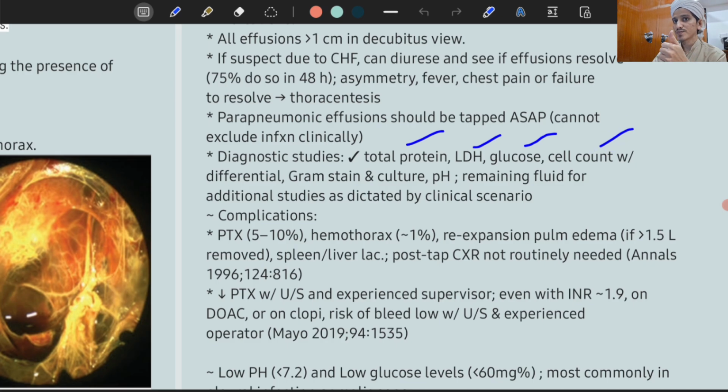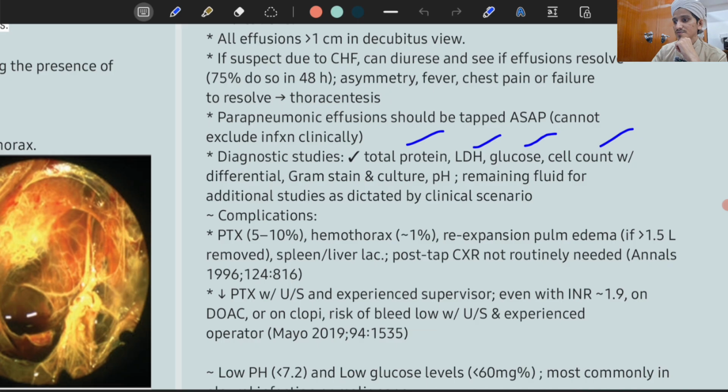So if neutrophils predominate, more neutrophils, it can be empyema. Okay, or it can be complicated parapneumonic effusion. And if lymphocytes are more, it can be tuberculosis, it can be malignancy, it can be rheumatoid arthritis, it can be SLE. Okay, and if RBCs predominate, it can be pulmonary infarction.